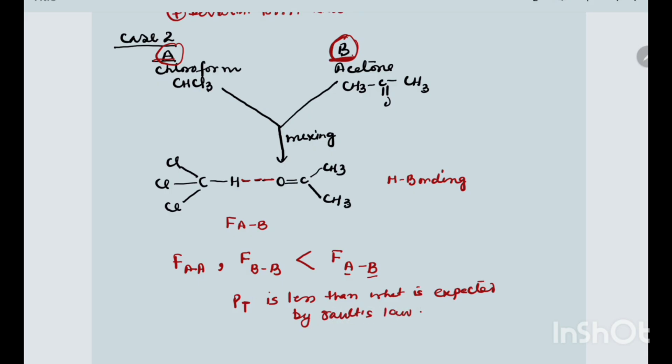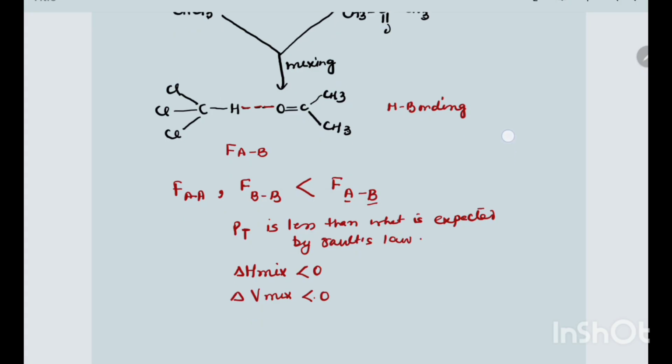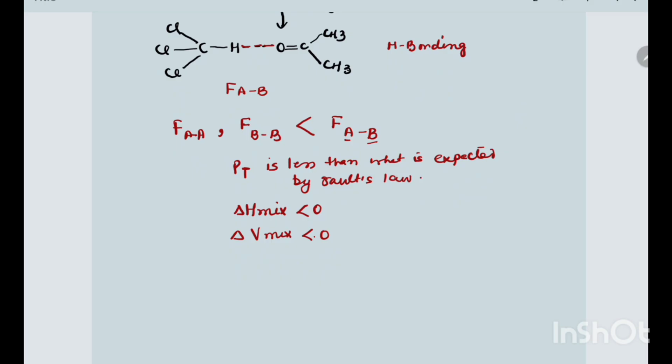So in this solution what you will observe is that when these two components are mixed, delta H mixing will be less than 0, and delta V mixing will also be less than 0, because there is a force of attraction between them, so volume will be a little less than what we are expecting.